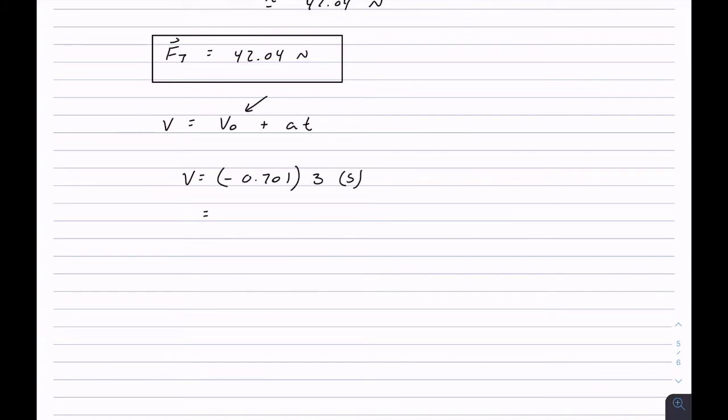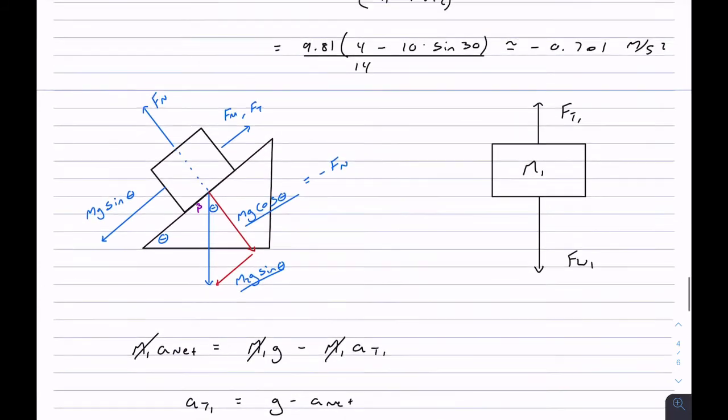So after 3 seconds, what does that give us? Let's just plug it into the calculator: negative 0.701 times 3. That's negative 2.103 meters per second, because meters per second squared times seconds gives you meters per second. It's negative because recall that we're sliding down the ramp.